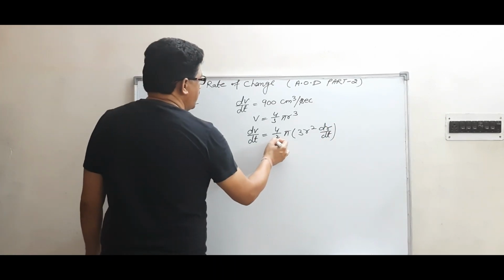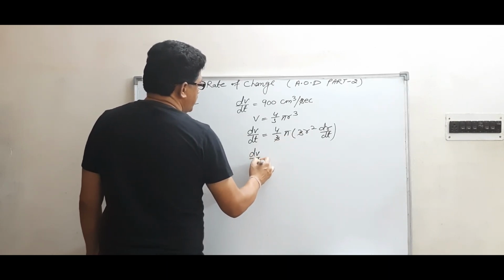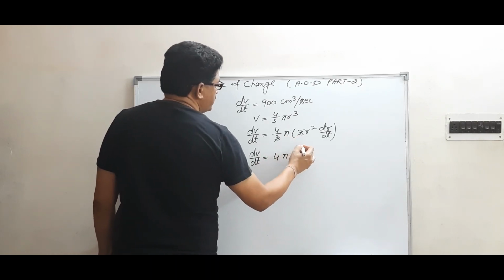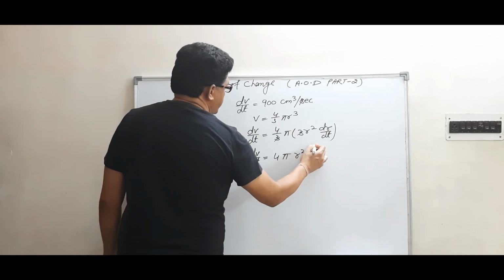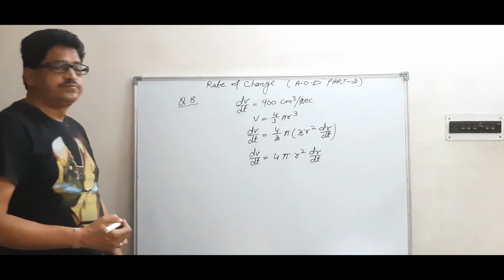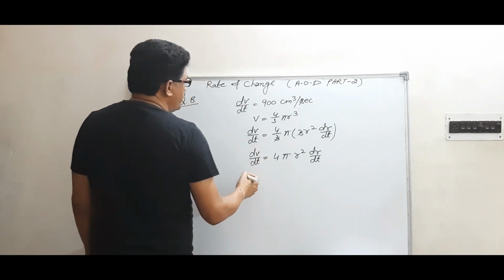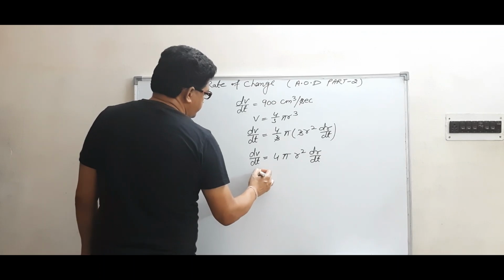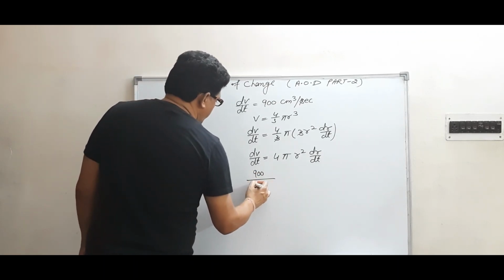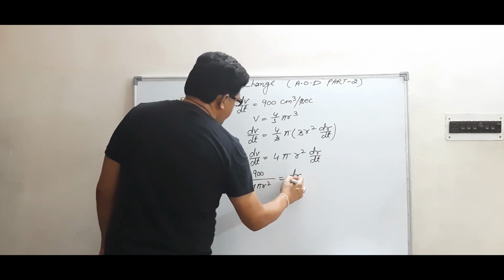3 to 3 cancel. dV upon dt is equals to 4 pi r square dr upon dt. dV upon dt is 900, so 900 is 4 pi r square dr upon dt.